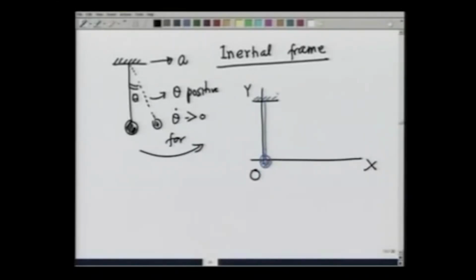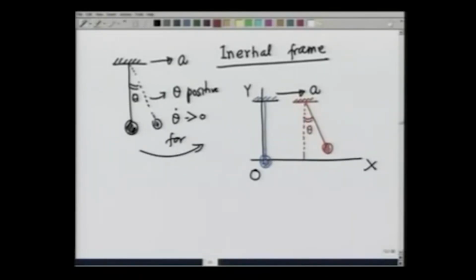And as the pendulum's base, its pivot point, is accelerated to the right with a, we are assuming that after some time t, the pendulum would look like this, with it having rotated by an angle theta to the right with respect to vertical.